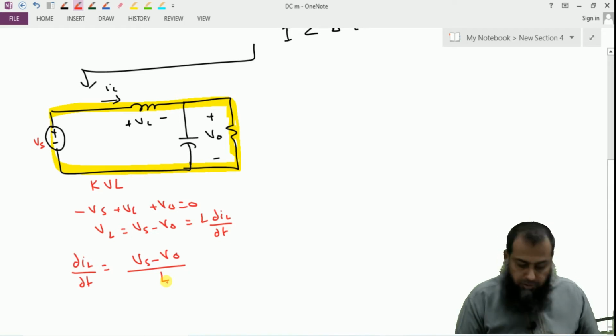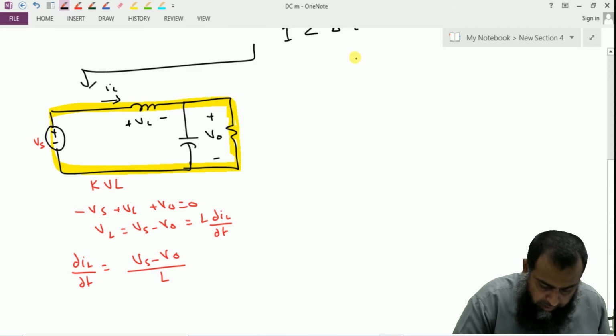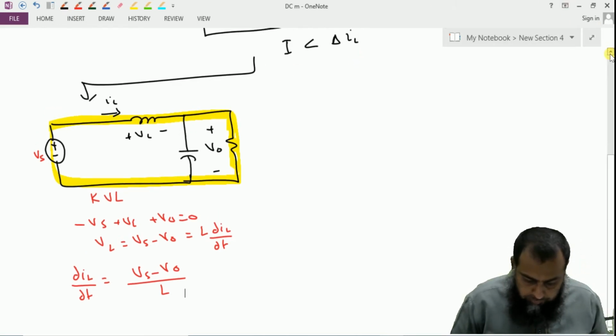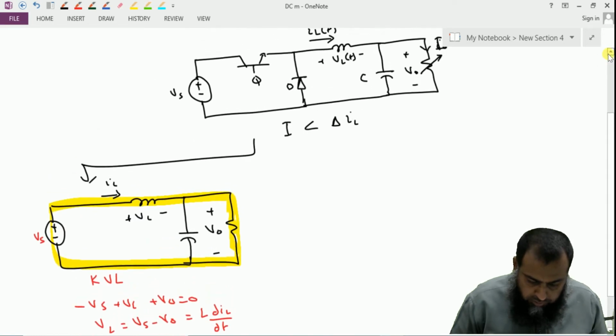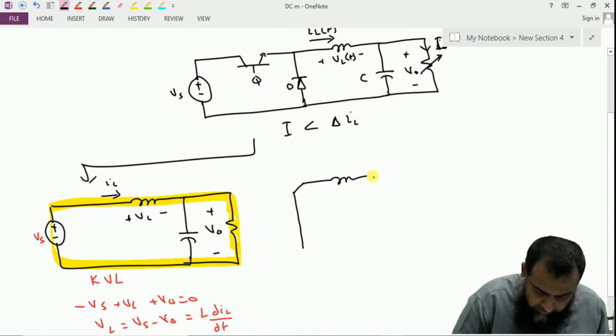There is another subcircuit that happens when we turn off the switch Q. So if this switch Q is now turned off, this diode becomes turned on and hence we have the current through the inductor.